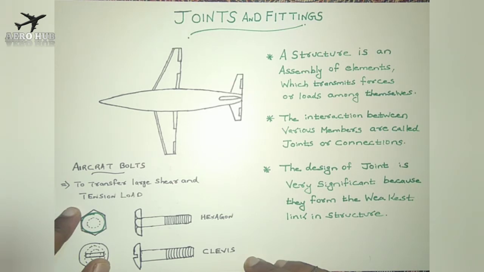So it is always important to design a joint in such a way that we can transfer the load from one member to another member in an effective way. There are different types of mechanical fasteners we use to connect different parts of an aircraft.